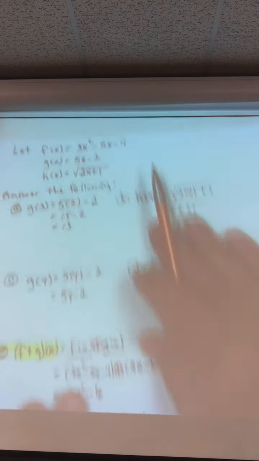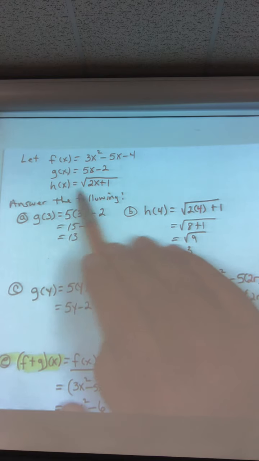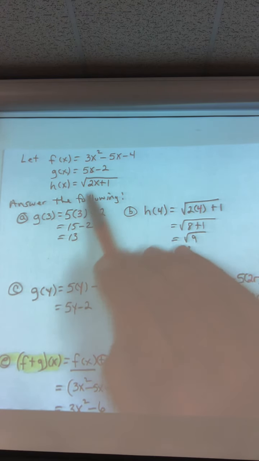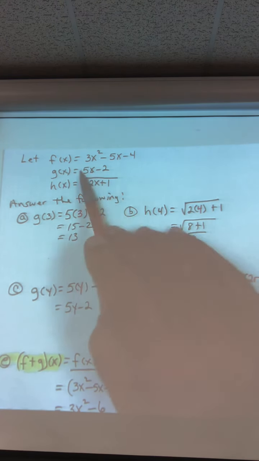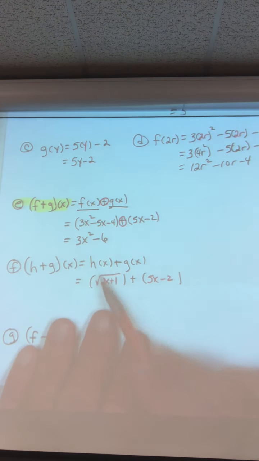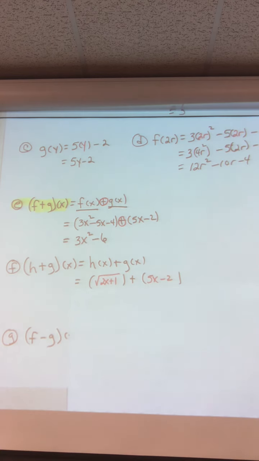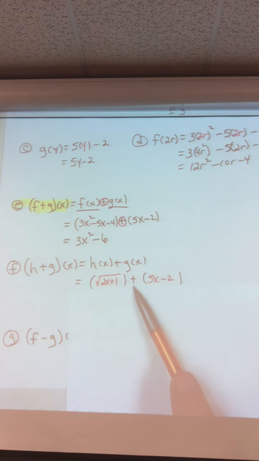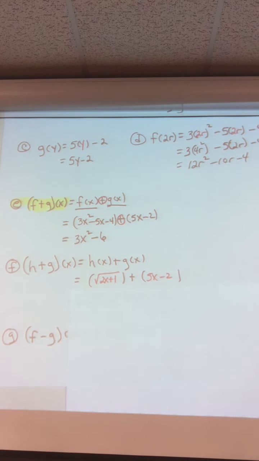You have to go all the way back up to the top again. This is h of x right there. What is g of x? It's right there. So, in h of x's place, put square root of 2x plus 1. Plus, in g of x's place, 5x minus 2. But you can't add any of that together. So that is your answer.